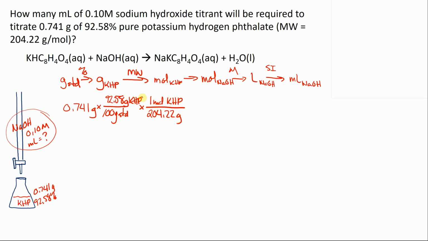So the grams are on the bottom, so they cancel. And now I'm to the mole to mole conversion. And so I have moles of KHP on the bottom and moles of sodium hydroxide on top. And from the balanced chemical equation, it's a 1-to-1 stoichiometry.